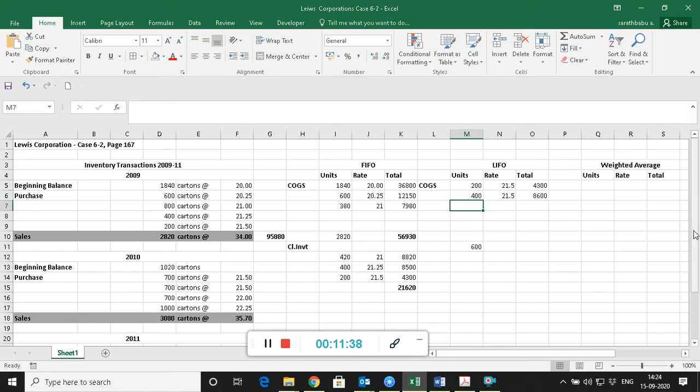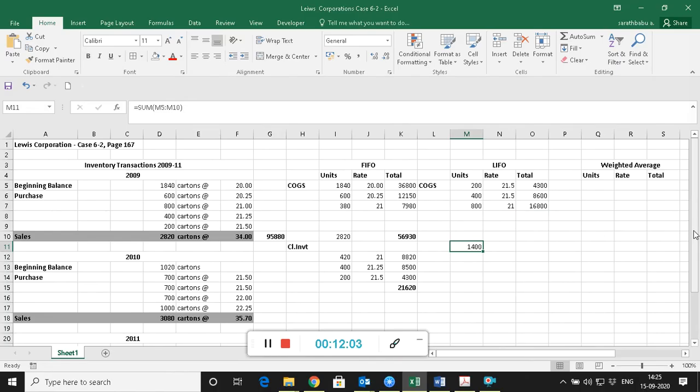I go to the next lot, that is 800 units. 800 units I issue at the rate of 21 and the total is 16,800. Okay, did I reach 2,820 over here?